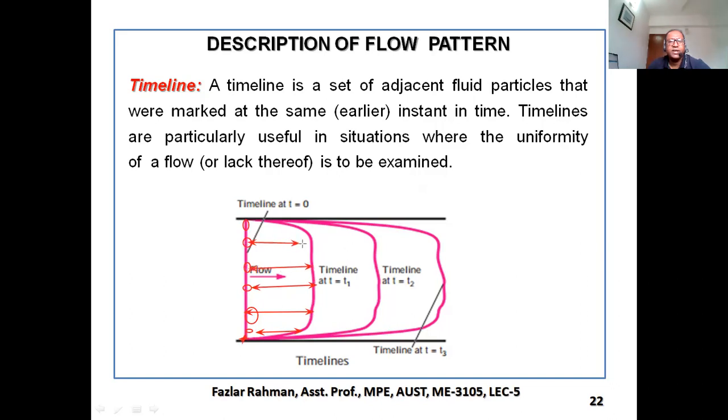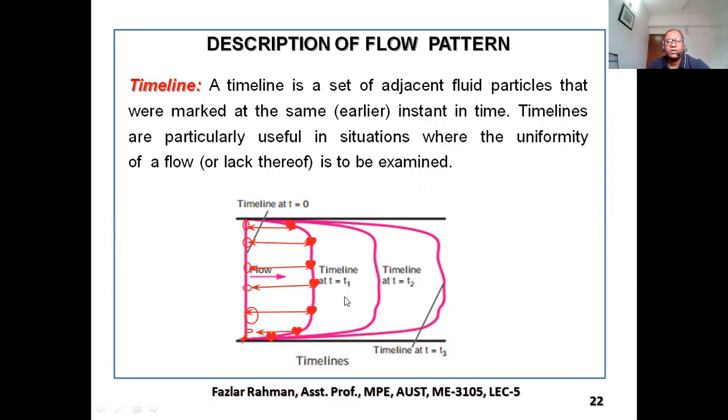So what do you see? All the adjacent fluid elements take the same amount of time, but they don't travel the same distance. So at a time t1, this is the distance traveled by the fluid elements. If you connect these points, then this line is called a timeline.